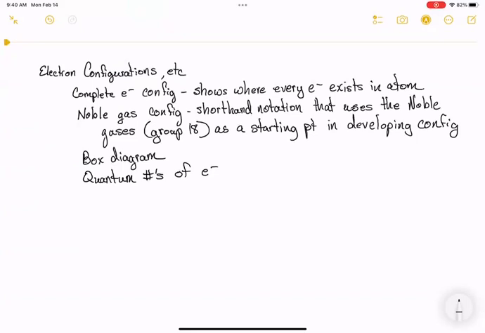So let's start out with good old hydrogen. Hydrogen's atomic number was 1, meaning that it has 1 proton, and in a neutral element, it'll have 1 electron.